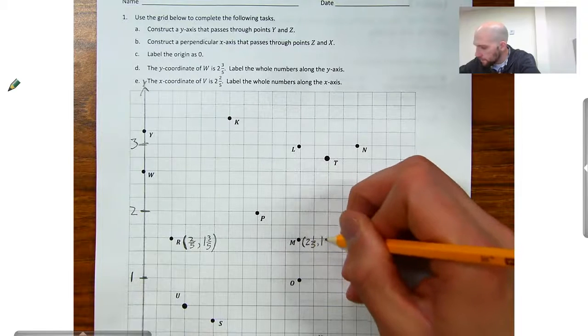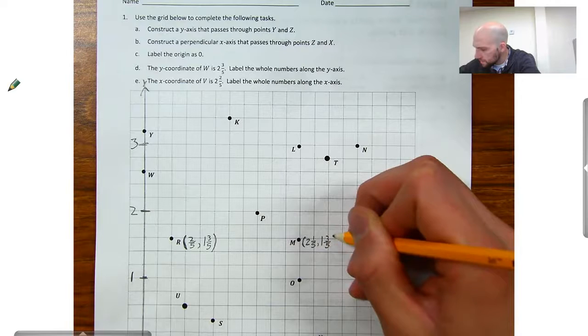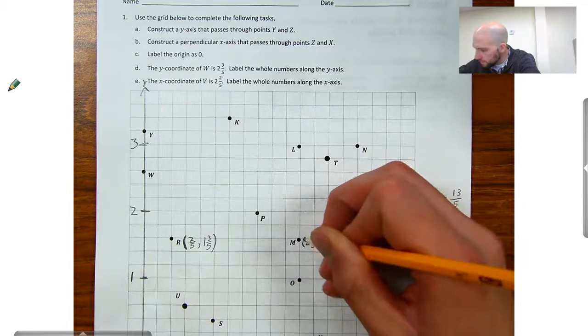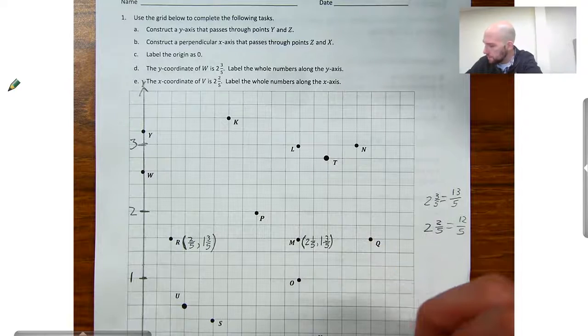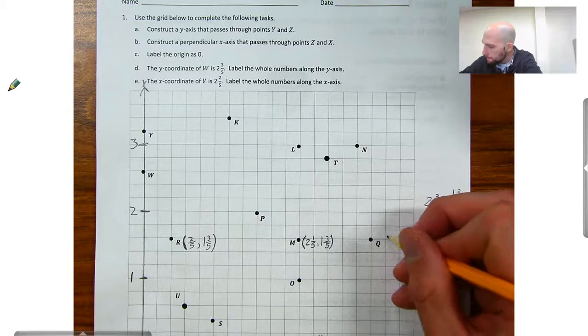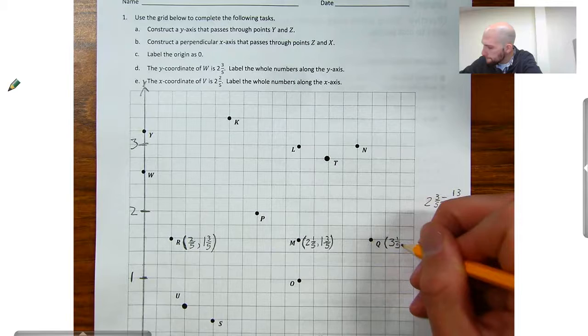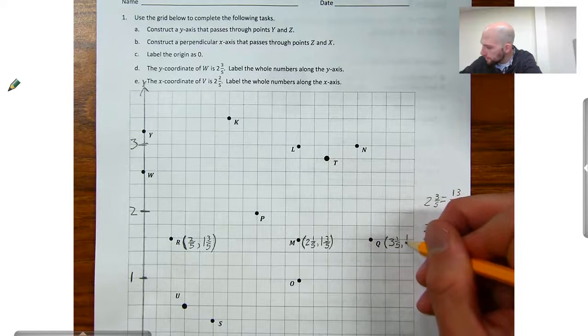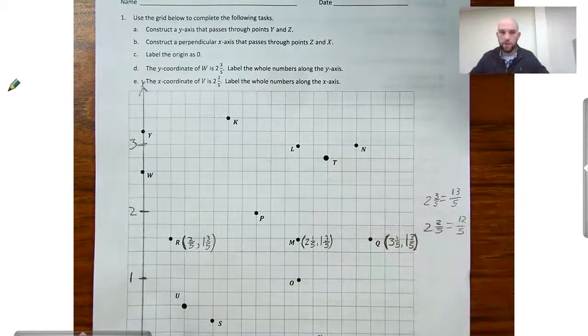Again, that's going to be by 1 3/5 on the y-coordinate. And then Q is 3 1/5 and 1 3/5. All right, so we've identified all 3 of those points.